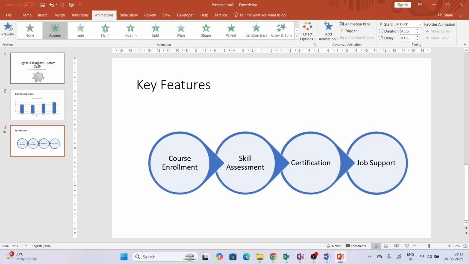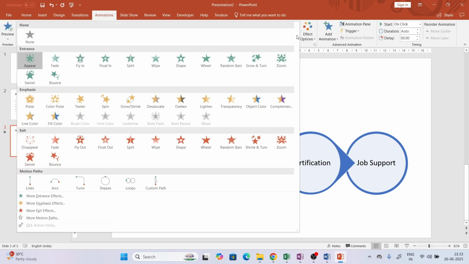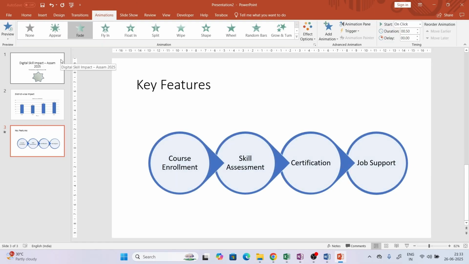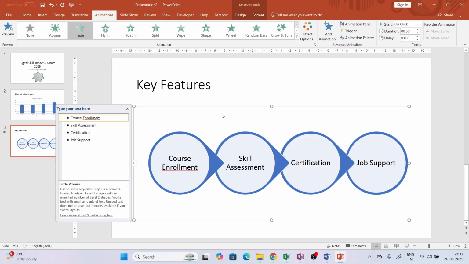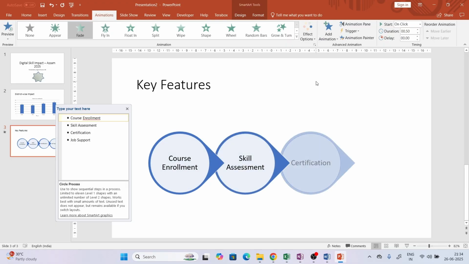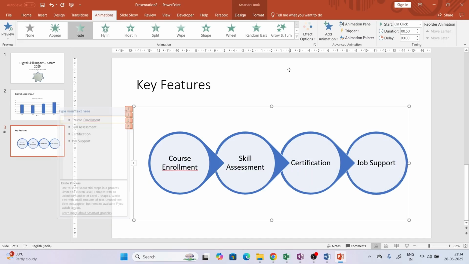Let's say I add the appear animation, or fade, which looks better. Now if we play the animation, everything comes in directly, but we want it for each step separately. So we will choose it again, go to effect options, and choose one by one. Like that it will appear one by one, and we are done.